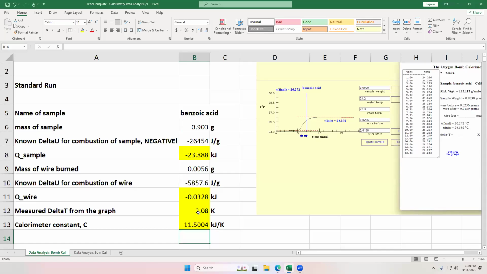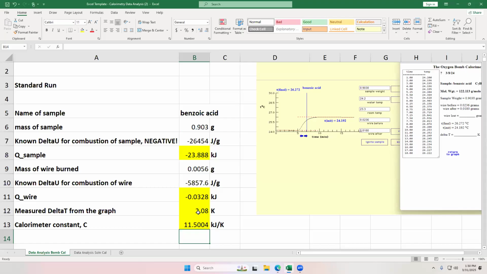Now for your actual lab data, when I gave you a link in the assignment for submission of the report, I've given you a link to a Google sheet that has like 5 or 6 standard runs from the last 2 years, including yours.